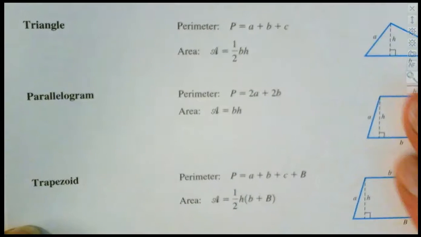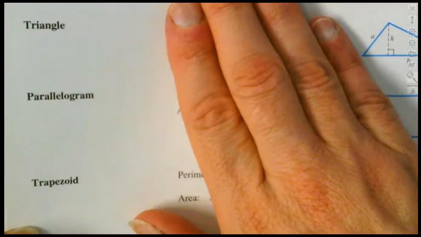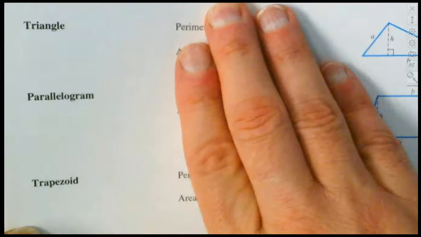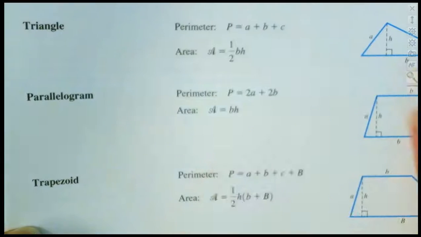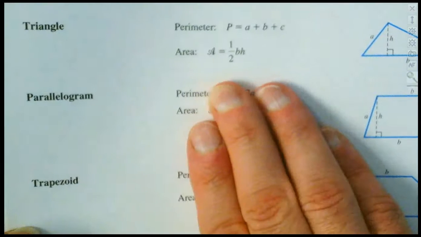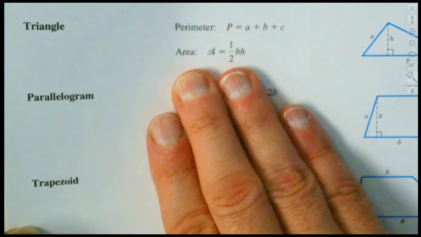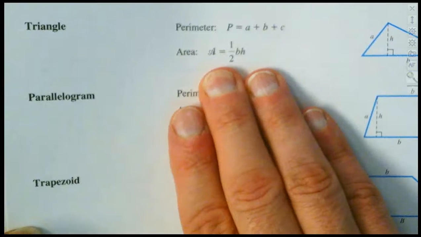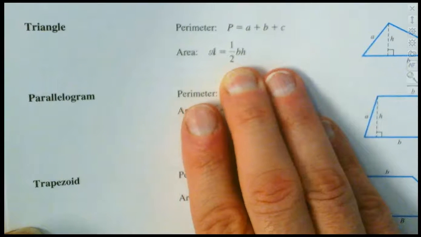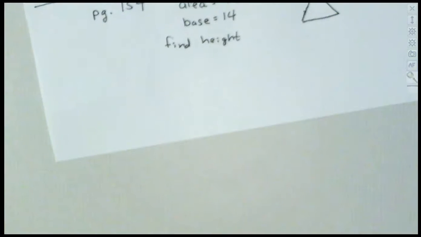Now, we're not working with the perimeter because it says we're working with what? Area. Okay, so back over our textbook, we looked up the triangle one because that's a triangle, and we want our area because that's one of the key components, area, not perimeter. So we know area is equal to 1/2 base times the height. So that's our formula.